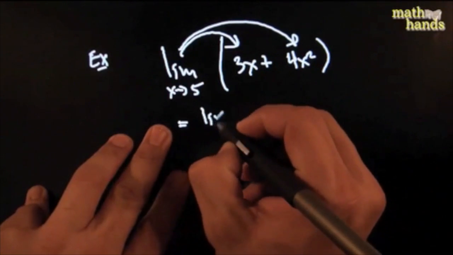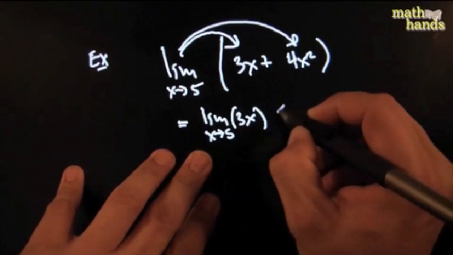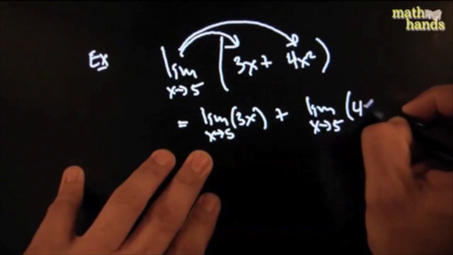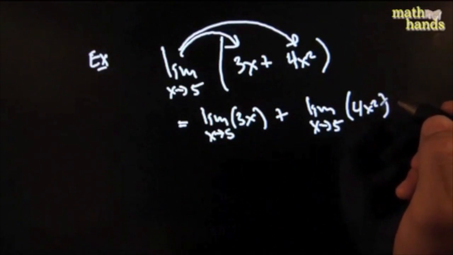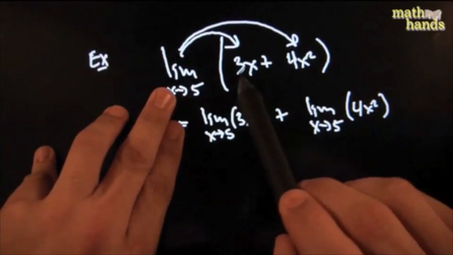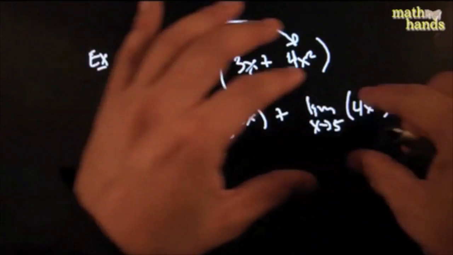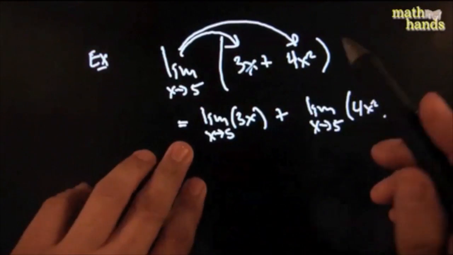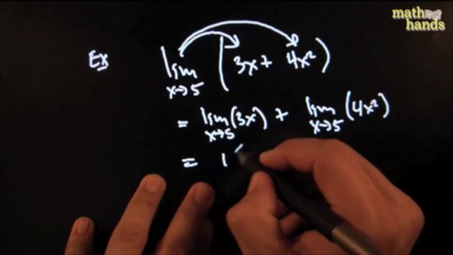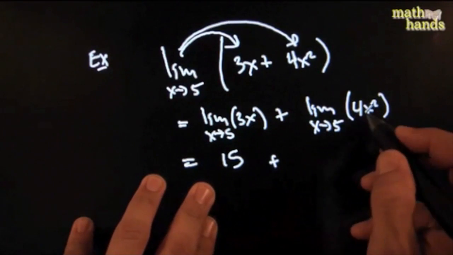This would be the limit as x goes to 5 of 3x plus a separate limit, the limit as x goes to 5 of 4x squared. So every once in a while you can do that. You could take this limit, which is the limit of two different functions, and break it up into smaller chunks, smaller problems, so to speak. And that works okay. For example, here I could do the plug-in method or whatever. This is 15 plus 5 times 5 is 25.